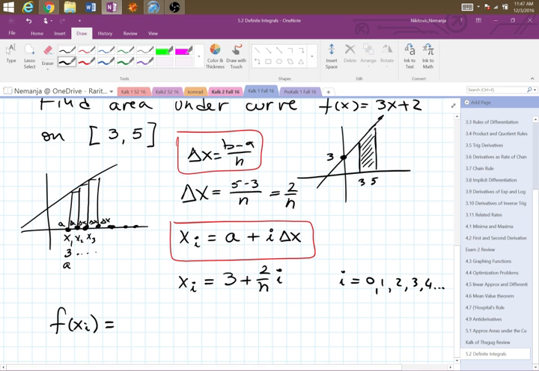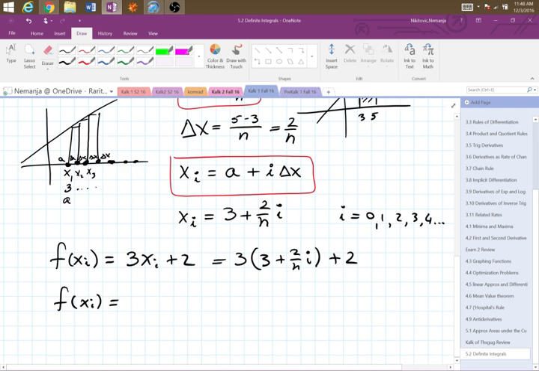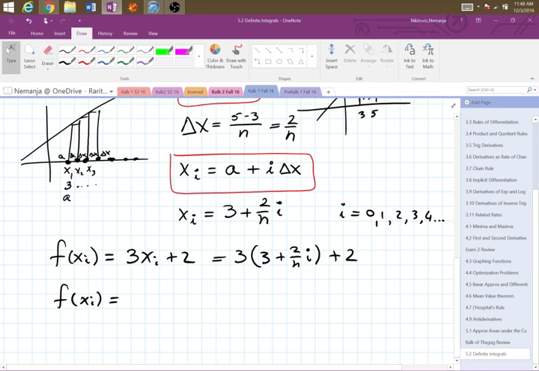Well, that's going to be my f of x with xi, and all I need to do is plug in xi, which is 3 times 3 plus 2i over n, plus 2. Solve this out. It's 9 plus 6i over n plus 2, which is 11 plus 6i over n.